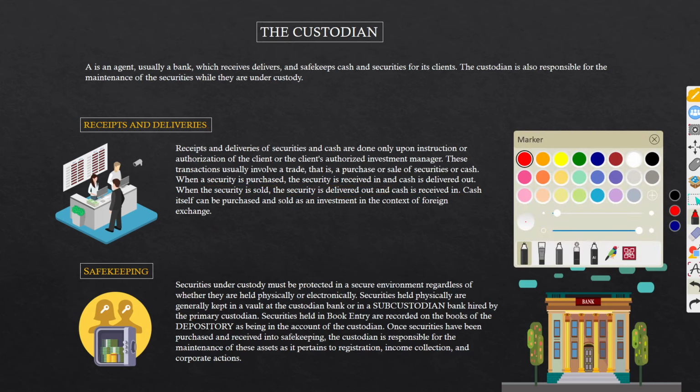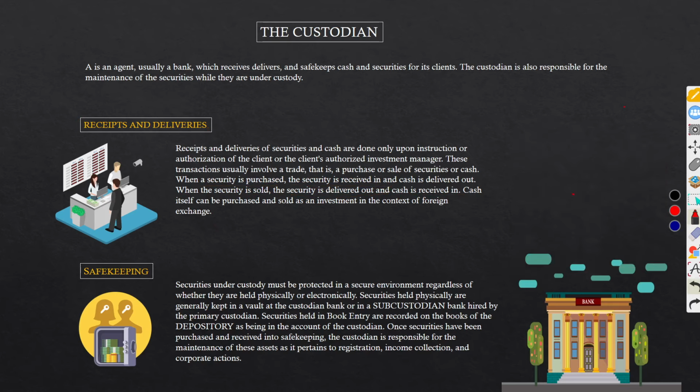So the next responsibility, if you see, is safekeeping. It's a traditional function, I would say. Securities under custody must be protected in a secure environment, regardless of whether they are held physically or electronically. Securities held physically are generally kept in a vault at the custodian bank or in a sub-custodian bank hired by the primary custodian.